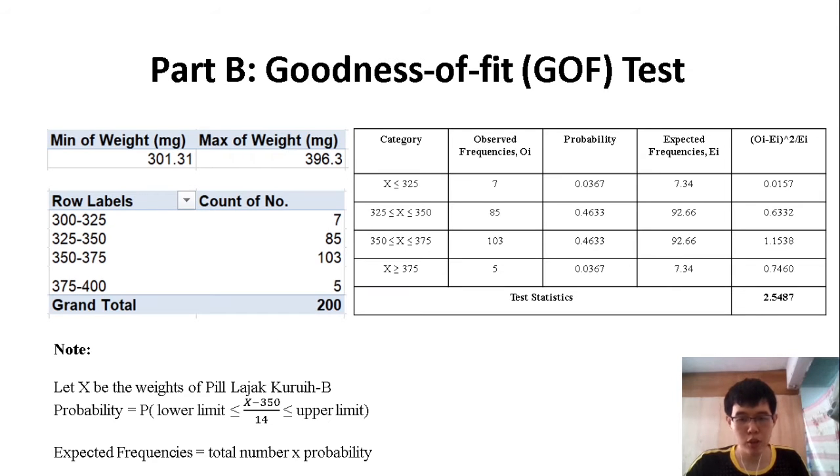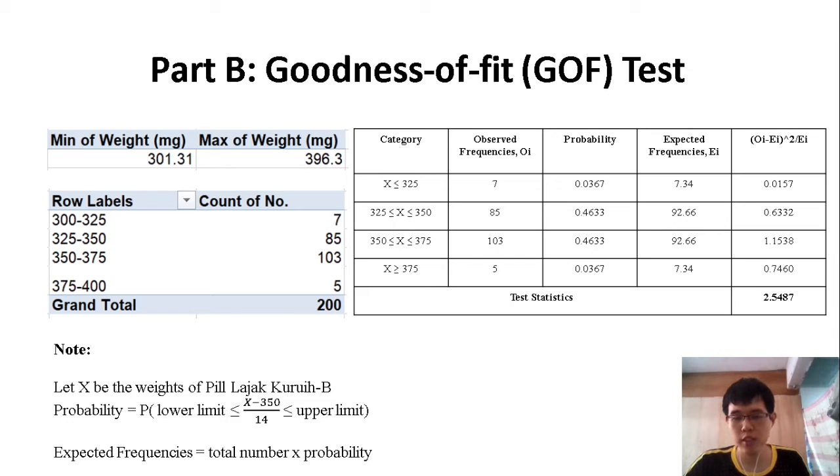Then, by using Microsoft Excel, we can determine the minimum value and maximum value of the weight. Then, we can construct suitable group intervals to construct a frequency distribution. Then we start comparing the observed frequency and the expected frequency by calculating the square of the difference of the observed frequency with the expected frequency, and then dividing by the expected frequency.